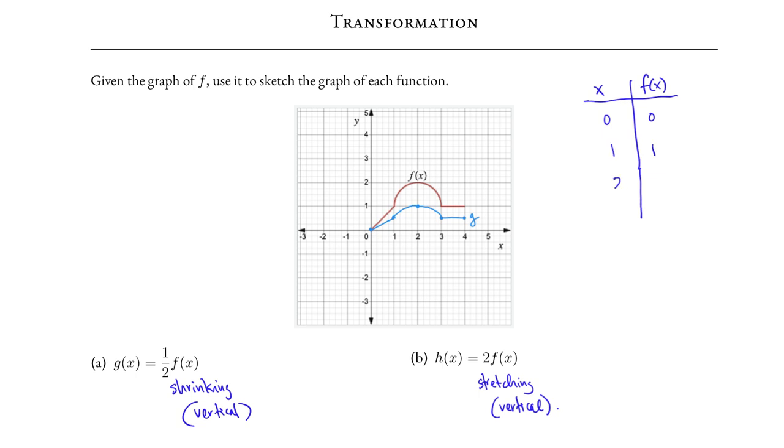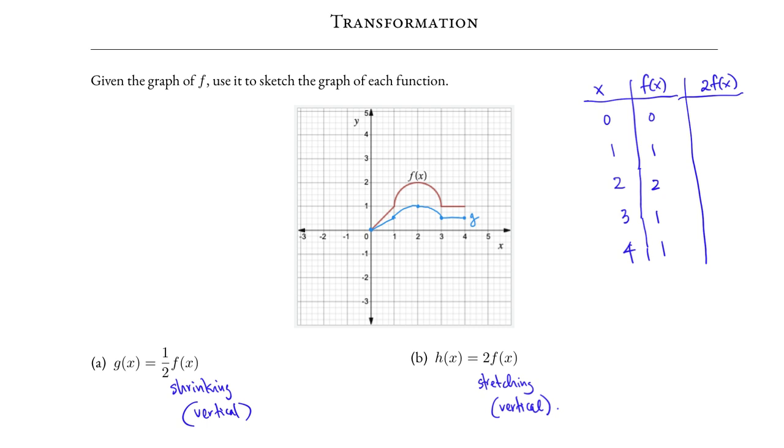When x equals 2, f of 2 is 2. And when x equals 3, f of 3 is 1. And when x equals 4, f of 4 is still 1. And so the graph of the function h would double the graph of the function f.